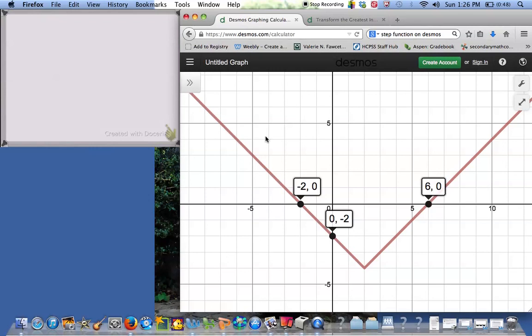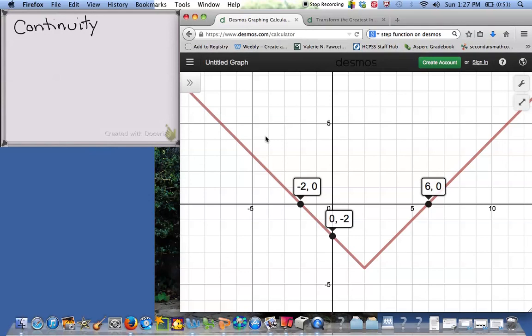So the next thing I want to talk about is continuity. So continuity of a curve. We can say that a graph is continuous if you can trace the line and never have to pick up your pencil. If that is the case, then the graph is continuous on the interval of all real numbers.